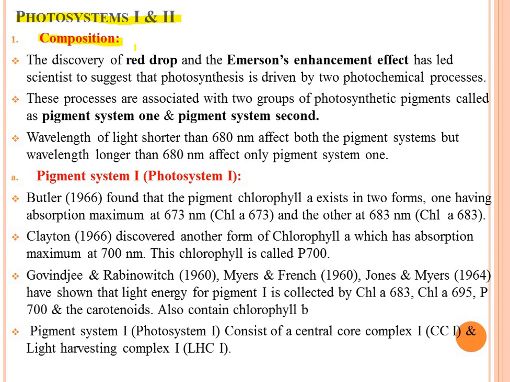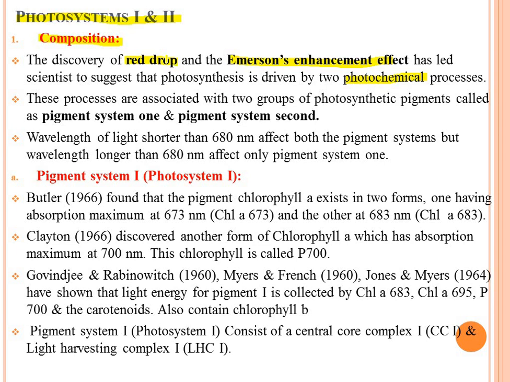See, the discovery of red drop and immersion enhancement effect has led scientists to suggest that photosynthesis is driven by 2 photochemical processes. What is meant by red drop? We studied red drop earlier in TYBSc.